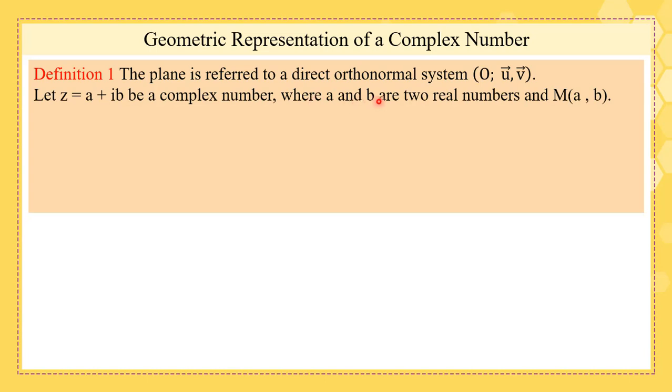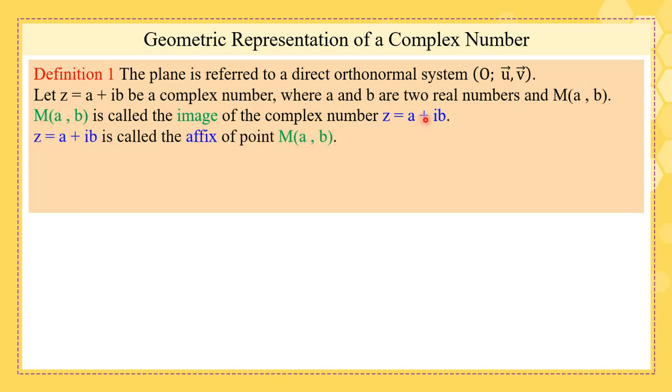A and b are real numbers, and M is a point whose coordinates are a, b. A is the real part of z, and b is the imaginary part of z. Well, M is called the image of the complex number z, so M is the image of z, and z is called the affix of M.